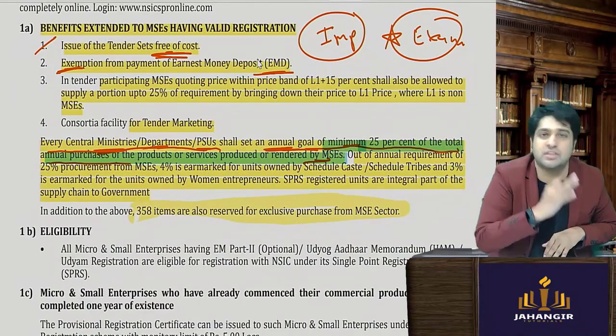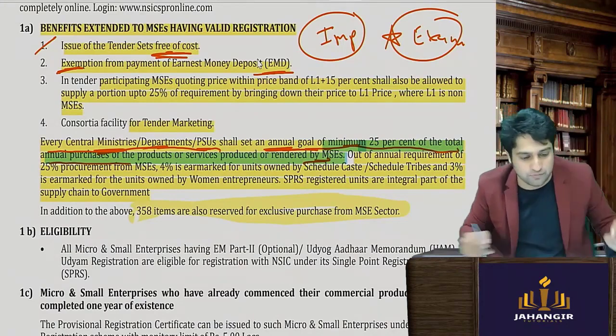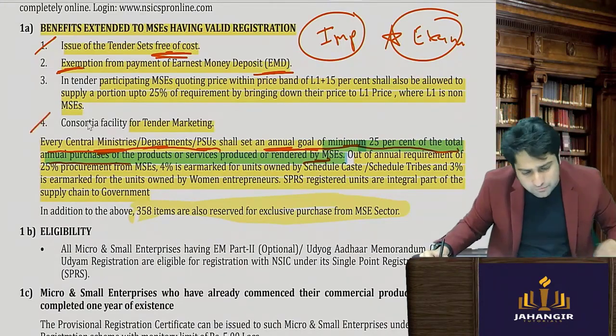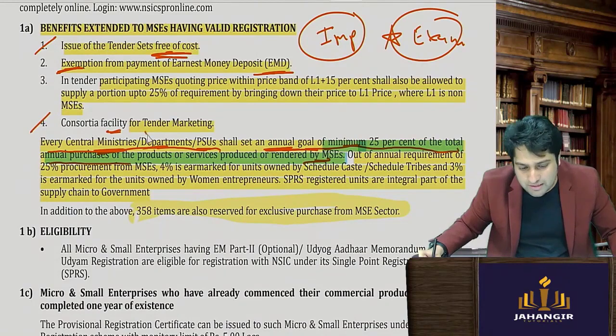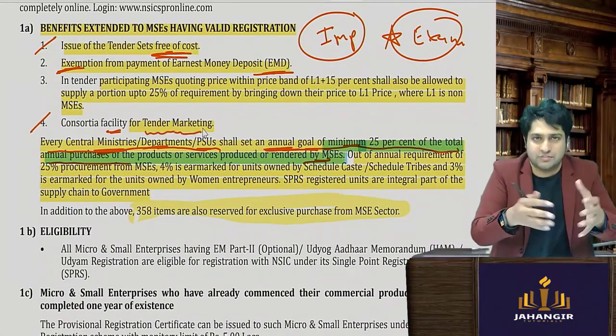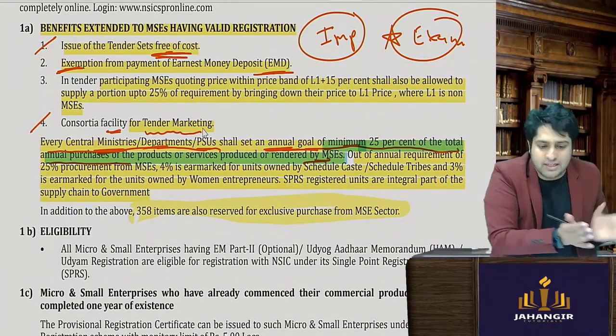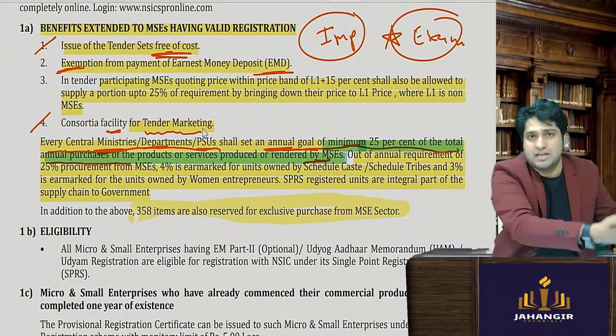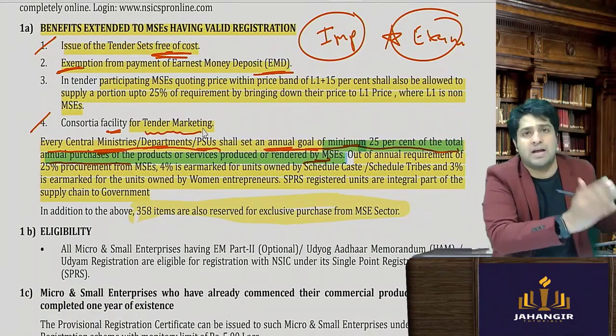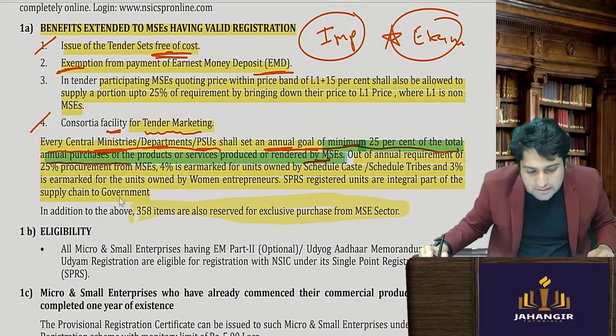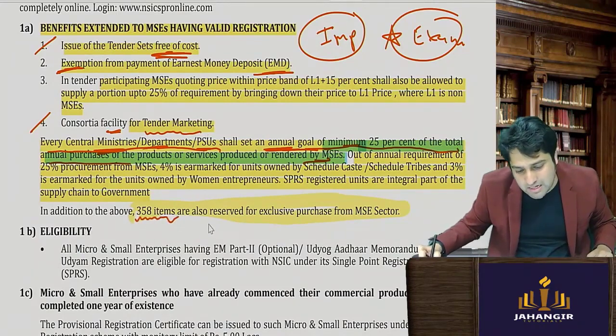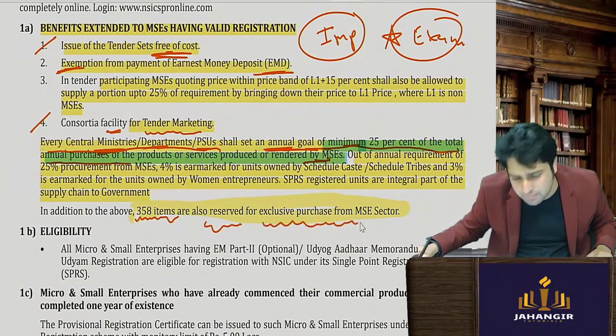Earnest means advance deposit they have to put. MSME don't have to give. Then we have made a facility for tender marketing for them also. We have said that marketing will be done individually for MSME. We want to buy these goods from MSME. 358 items are reserved for exclusive purchase from MSME.